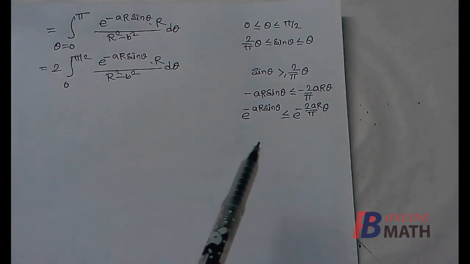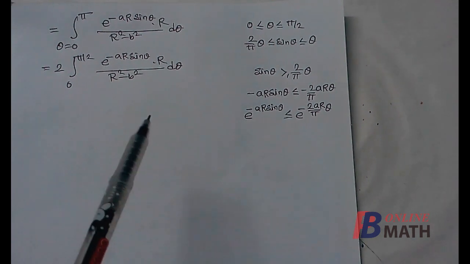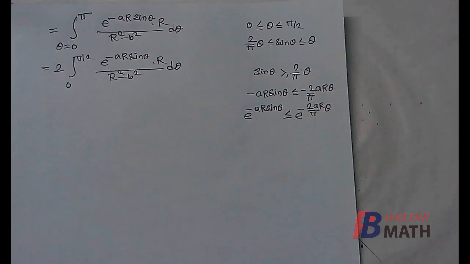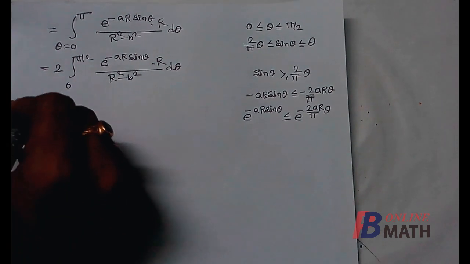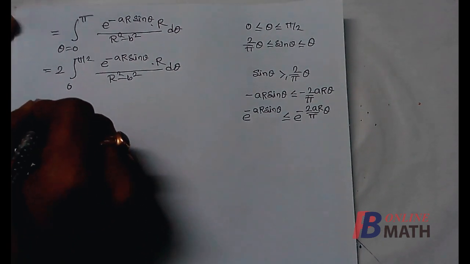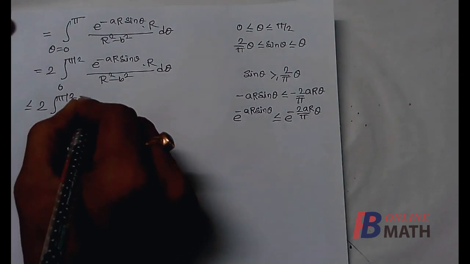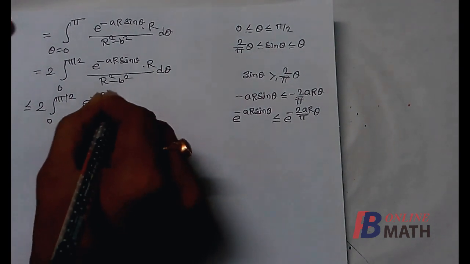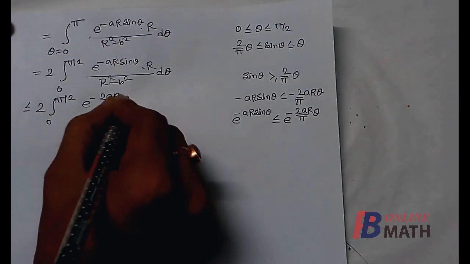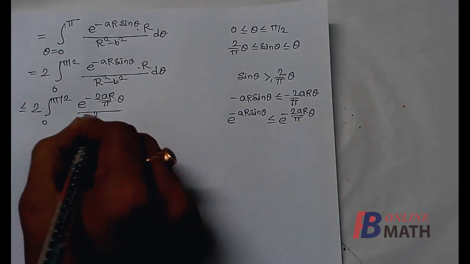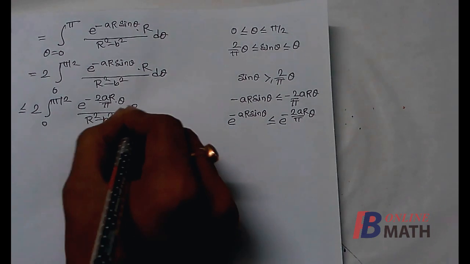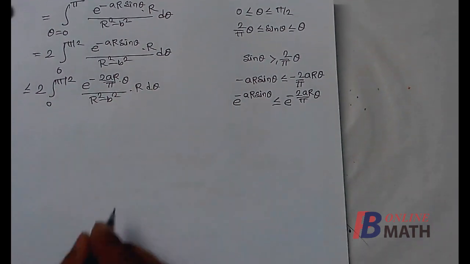So if we apply this inequality in the integral, we shall find that this will be less or equal to 2 times the integral from 0 to pi by 2 of e to the power minus 2 a R by pi into theta, multiplied by R divided by R square minus b square, into R dθ.